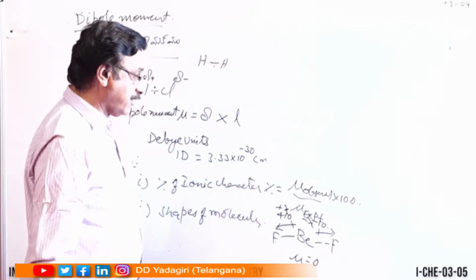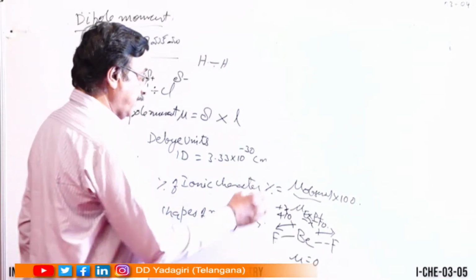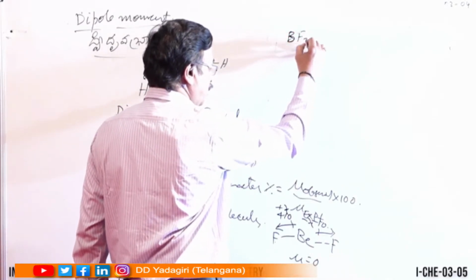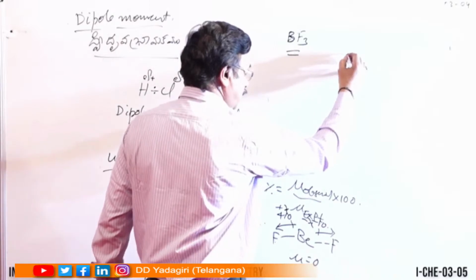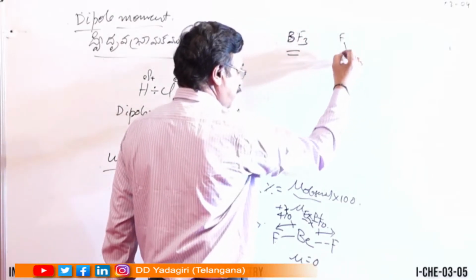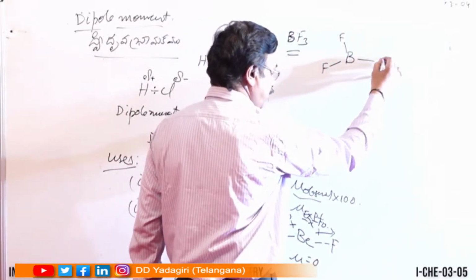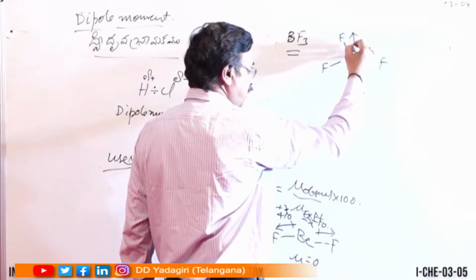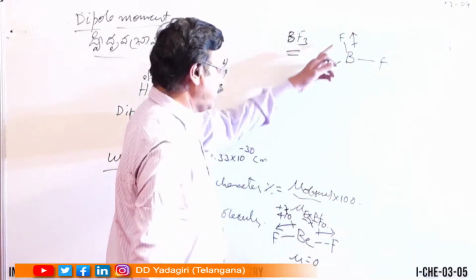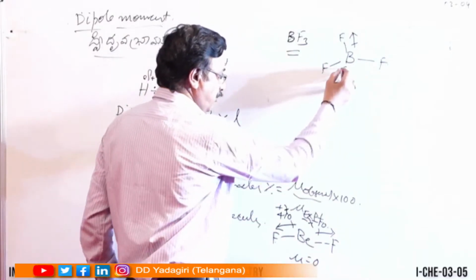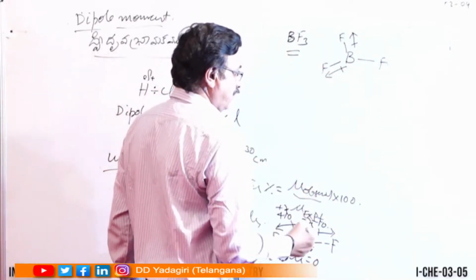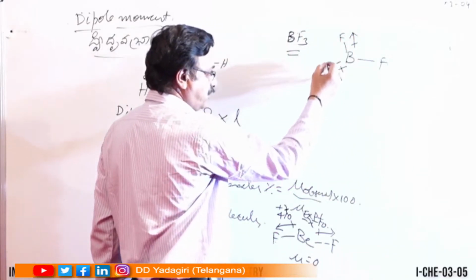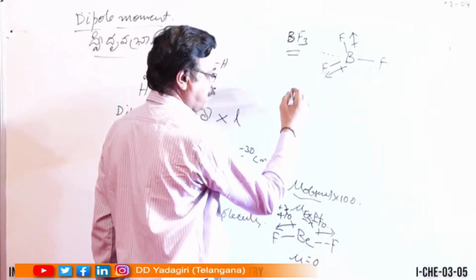Similarly, the BF3 molecule. Here the bond moment of this bond is this side, bond moment of this bond is this side. So you will get the resultant of these two on this side.